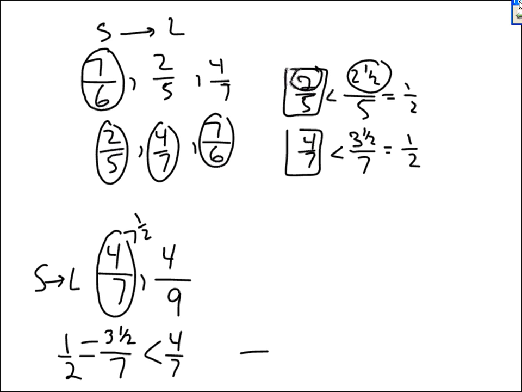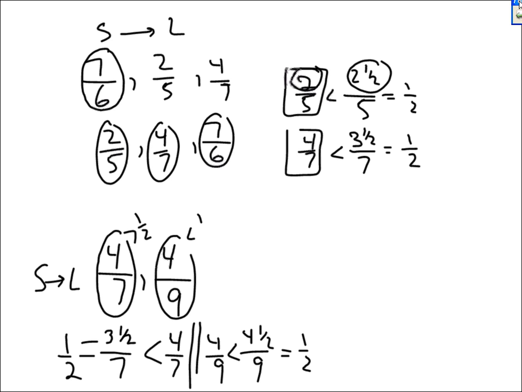But now when it comes to 9, 4.5 out of 9 is a half. You only have 4 over 9. This number is 4 over 9. That's less than a half. Smallest to largest.